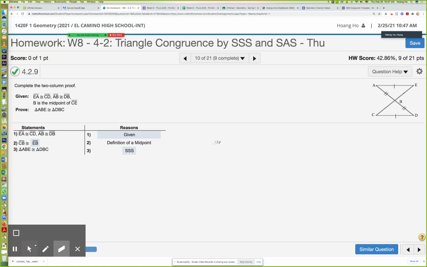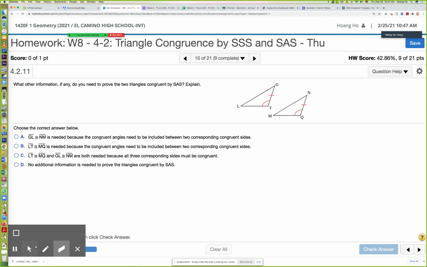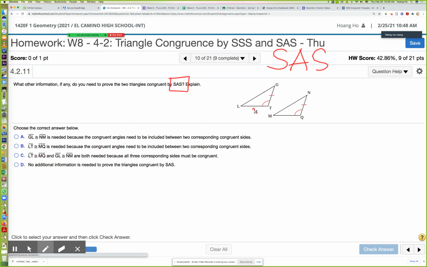Question number 10. Look it over here. What other information, if any, do you need to prove the two triangles congruent by SAS? Again, with SAS, the angle has to be included. So if the angle is included, we need to know that LT is congruent to MQ.